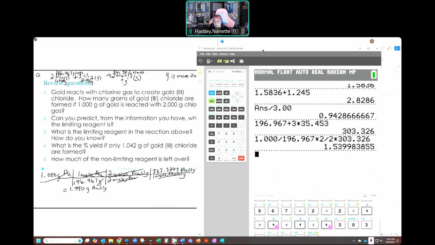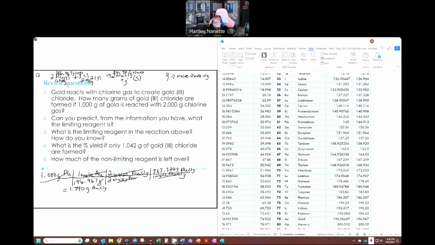Now, could I have predicted what my limiting reagent was? Well, no, I don't think I can. Do I know what it is? Not yet, because I've only calculated it for one of these things. Now, do I have a guess?